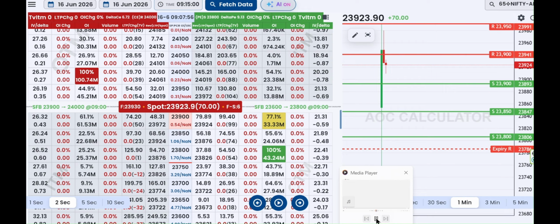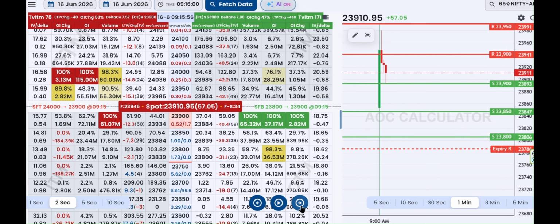Now let us discuss a bottom reversal entry setup using a live example from 16th June 2026. Before the market opens, both volume and OI change are zero because the market has not started yet. Once the market opens, the data begins updating in real time.